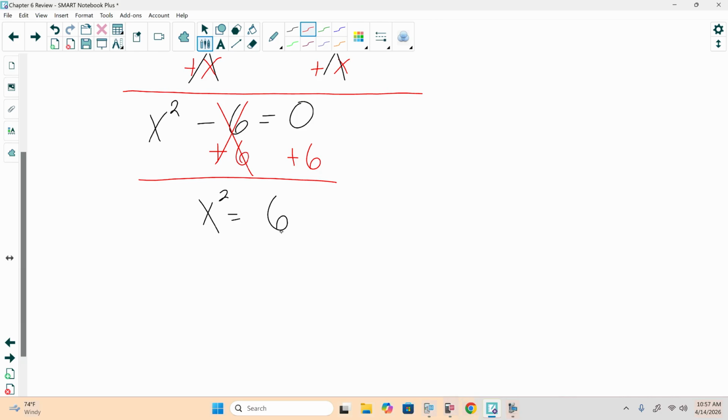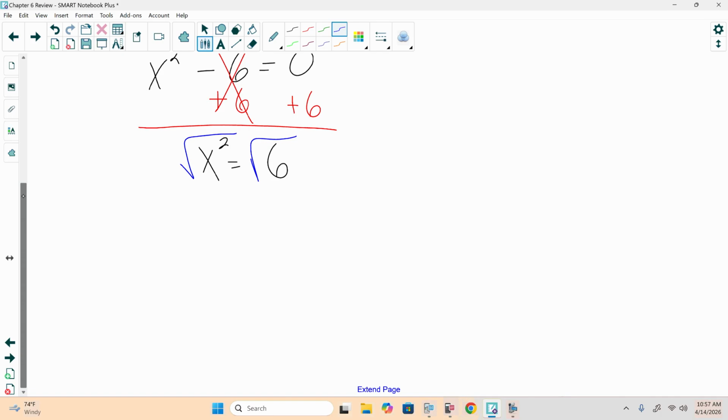To get rid of the x squared, we're going to have to take the square root. Square root of x squared is just x. Square root of 6 does not simplify nicely. It is not a perfect square or have perfect square factors. So we just leave it as the square root of 6.